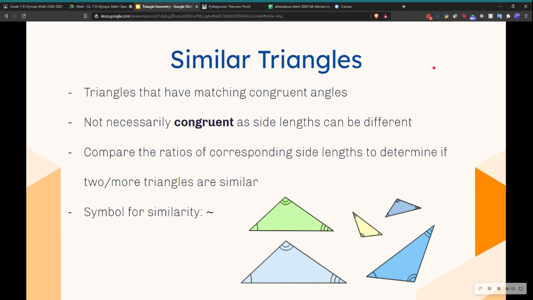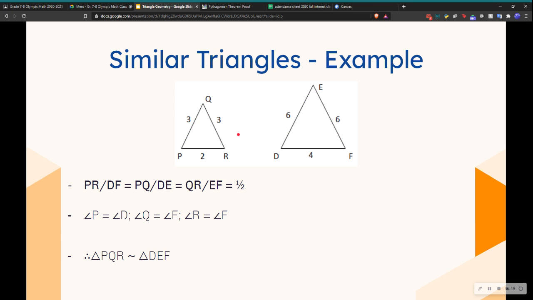Hopefully that wasn't a very confusing topic. Let's go on to a sample problem with similar triangles. Oh, sorry. Here's an example first. Just go for another example, I guess, just to make it more clear to you guys. So if these two triangles are similar, that means I'm using these side length ratios. We have PR that corresponds to DF.